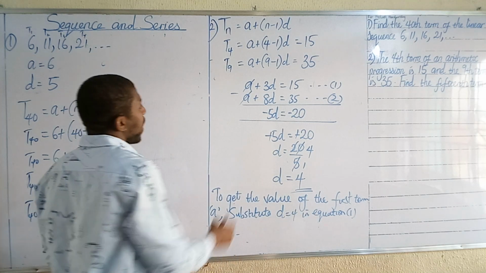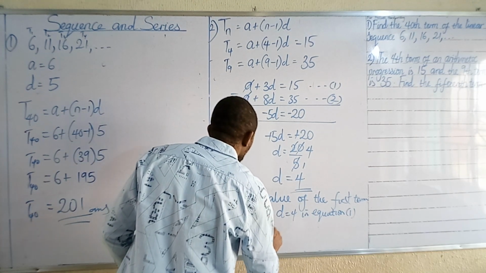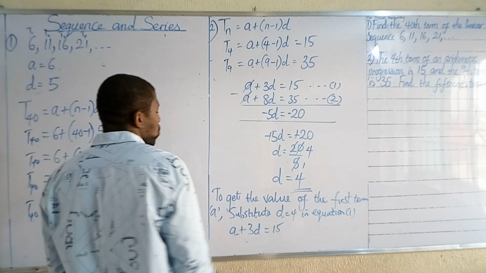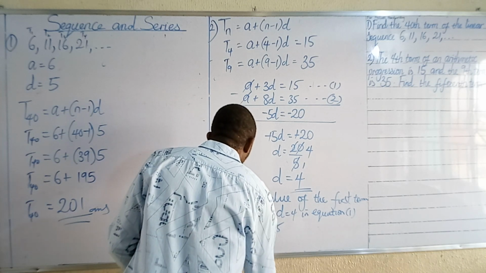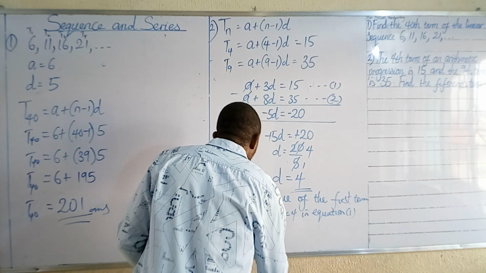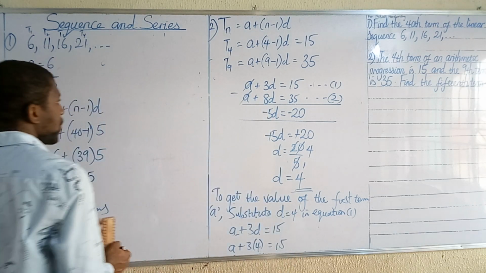Where is our equation 1? Our equation 1 is A plus 3d equal to 15. So any place we see d, we replace it with 4. So this becomes A plus 3 times 4, which is 12, equal to 15.